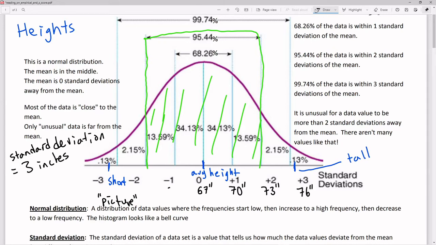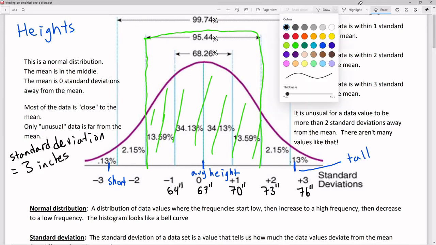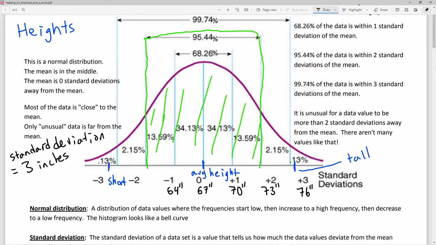Go down. -1 means go down 1 standard deviation. -2 means go down 2 standard deviations. I'm just subtracting here. Go down means subtract, go up means add. We'll do another example together so you can see it. You can kind of see it all come together.